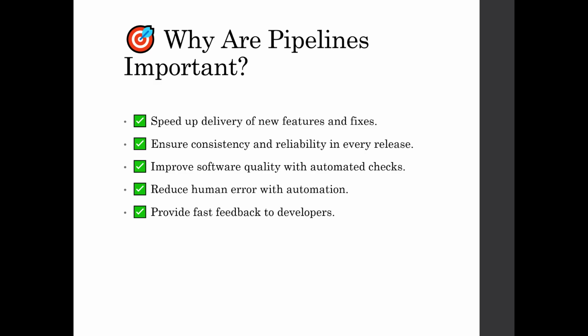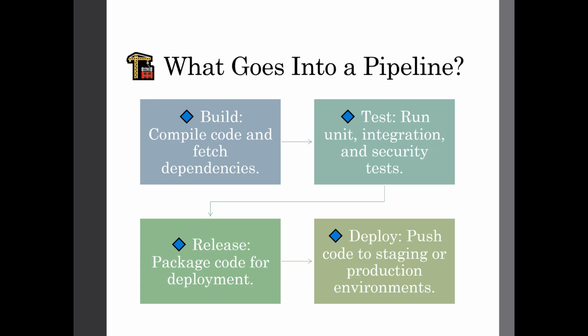They make sure every release goes through the same checks and validations, and that means fewer bugs, faster updates, and better software quality. So that's what we're looking for. We want that fast feedback, remember? That's critical, especially if you're in an agile team, to get that feedback to developers about what isn't working as quickly as possible.